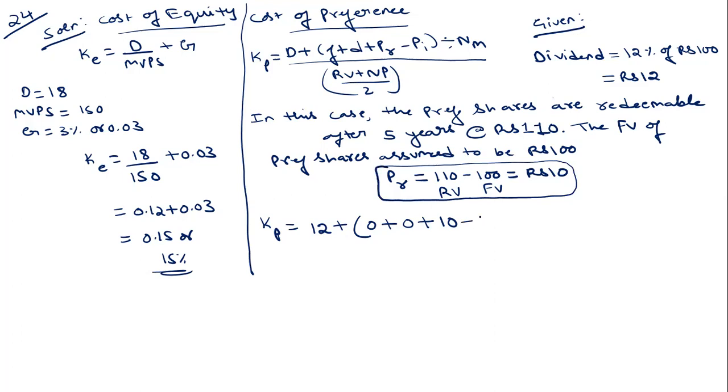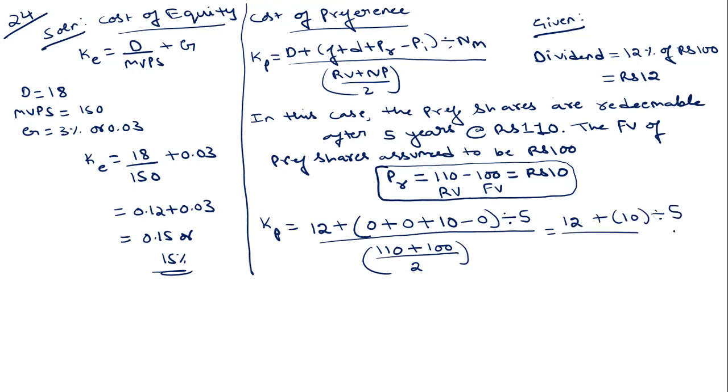And minus PI illa 0, divided by 5. And whole divided by RV andre 110, plus face value 100, by 2. So 12 plus 10 by 5, whole divided by 210 by 2.